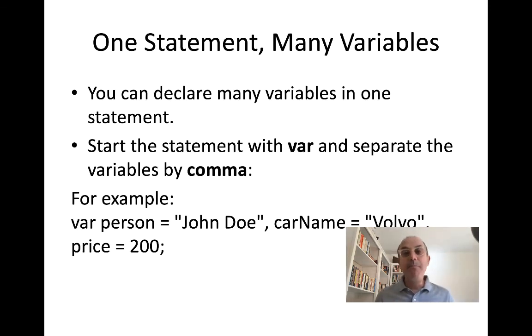One statement, many variables. You can declare many variables in one statement, but when you do that, you need to separate them with a comma. So we can have John Doe, we can have car name Volvo, and we can have the price 200.